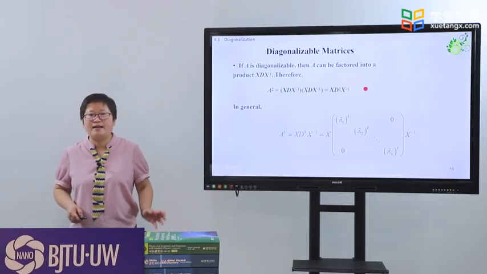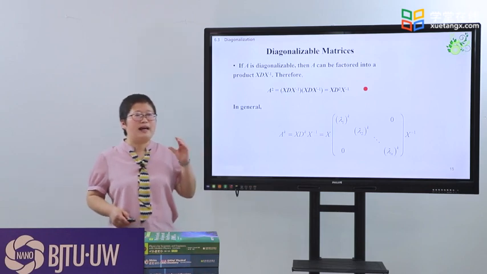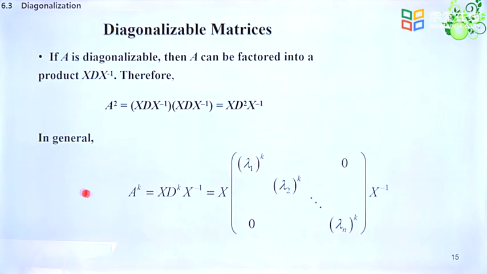So by diagonalizing the matrix A into a diagonal matrix, you will find it easy to compute powers of A. In general, A power k equals X times D power k times X inverse, where X inverse is written on the right side of this diagonal matrix, and D power k is still a diagonal matrix, with diagonal entries lambda 1 power k, lambda 2 power k, till lambda n power k.